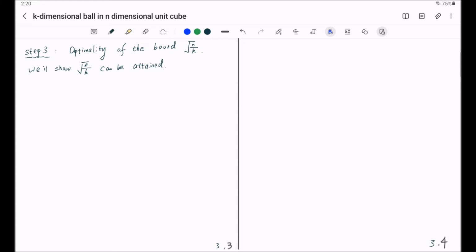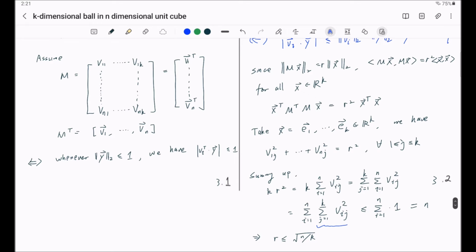To this end, the first thing we're going to do is study this matrix M and find more properties of it. Firstly, we observe that from the fact that M is a similitude and it dilates a vector by a scale of R, we know that M must preserve the inner product.